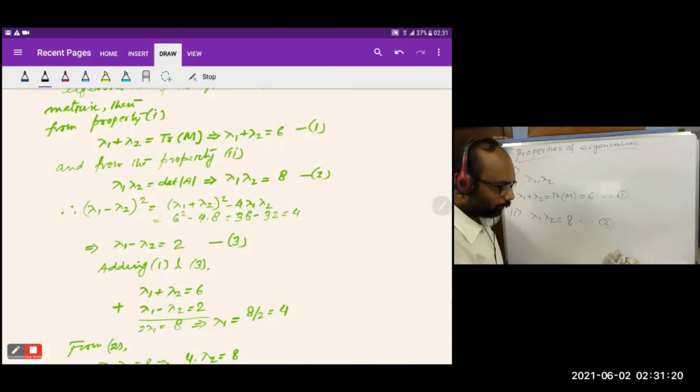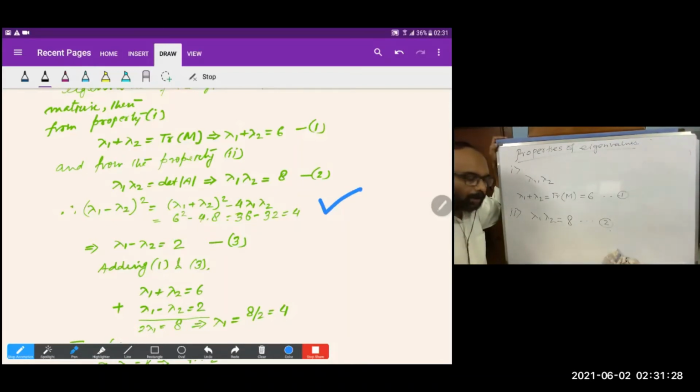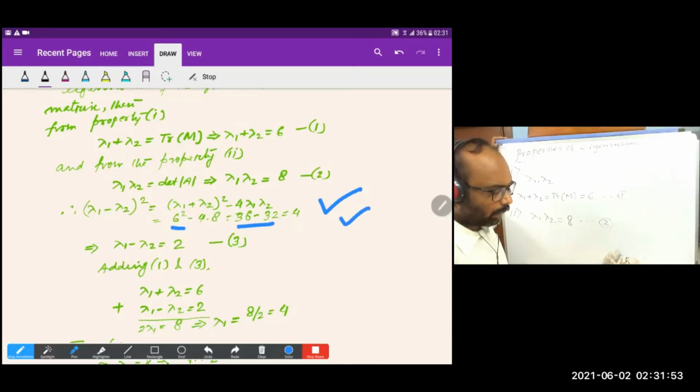So (lambda 1 minus lambda 2) square can be written as (lambda 1 plus lambda 2) square minus 4 lambda 1 lambda 2. Lambda 1 plus lambda 2 is 6, that is 6 square, minus 4 lambda 1 lambda 2, which is 8. So that gives me 36 minus 32, which is equal to 4. Therefore, lambda 1 minus lambda 2 is equal to 2.